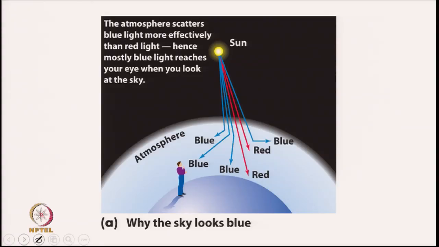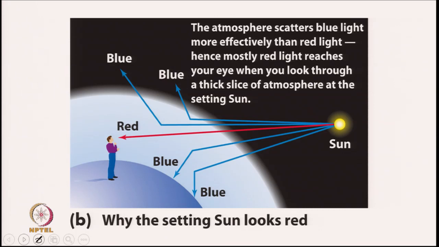Here is the scattering shown in the figure, and you can see that blue is scattered more, whereas red is scattered less, and the blue one reaches our eye during the daytime, and that is why the sky looks blue.